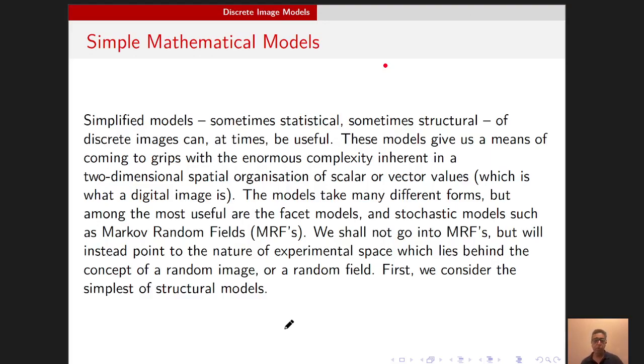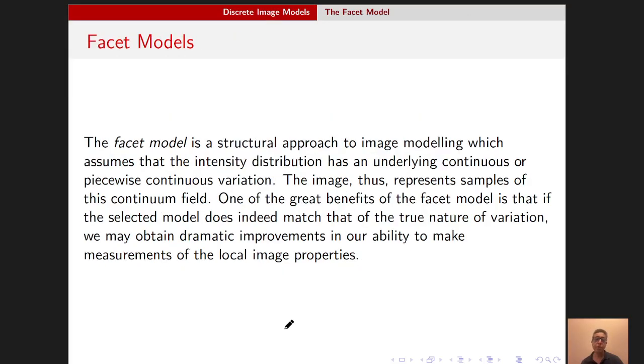So let's move on. We're going to start off by looking at the simplest of structural models. The facet model is an approach to modeling a local neighborhood of an image by trying to split groups of pixels in that neighborhood into little regions and then fitting some kind of model to those regions.